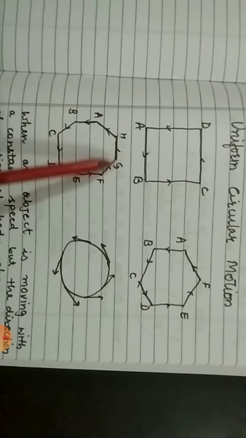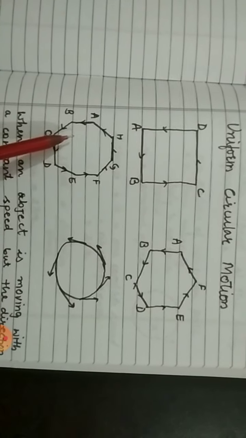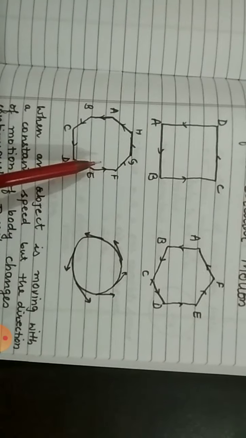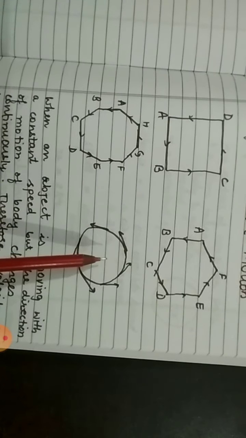Suppose we go on like this and increase the sides by a large number, we observe that as the sides increase, the track is converted to a circular path.